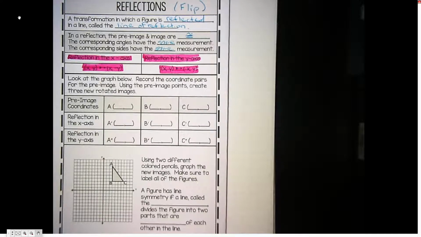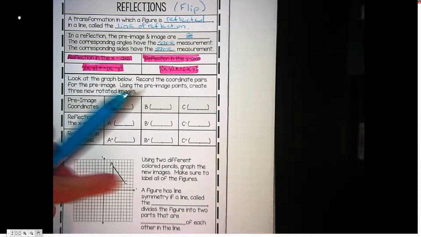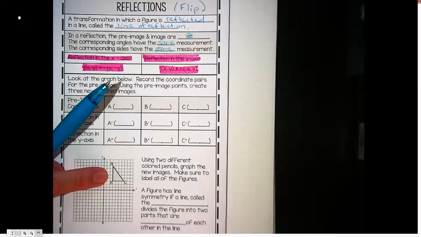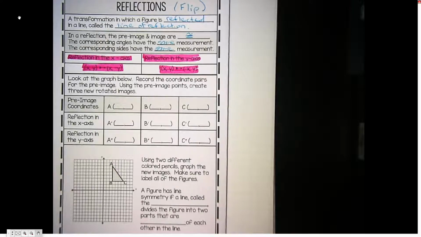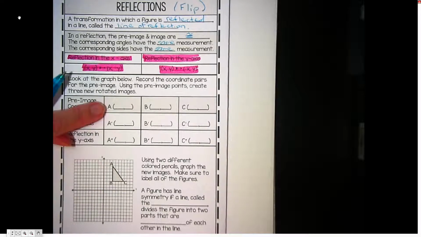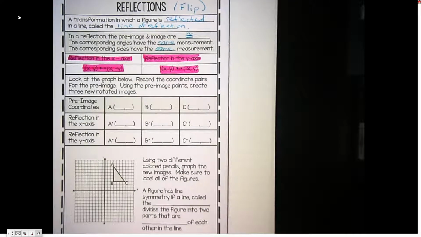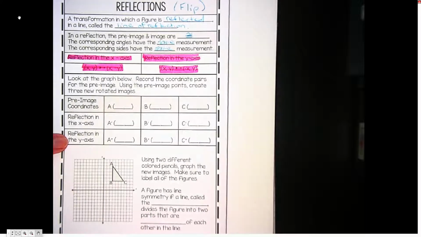Okay, so down below here we have a little simple triangle that we're going to use to start out with. We've got to list the coordinates for each one of them, and then we're going to list the coordinates for reflecting it across the x and then across the y. So the first one, I'm going to go over 3 and up 1, 2, 3, 4, 5, 6, 7, 8.